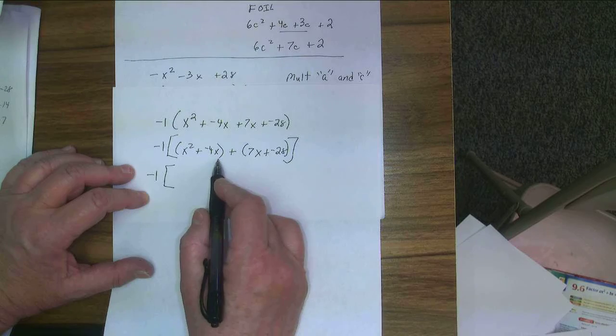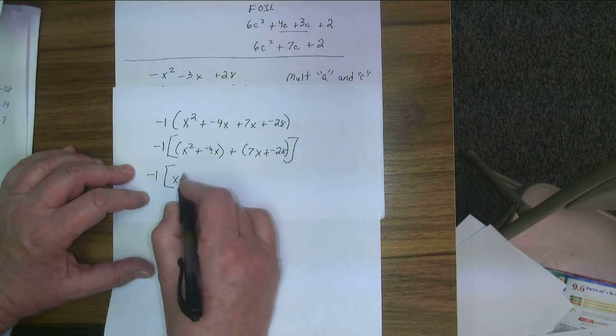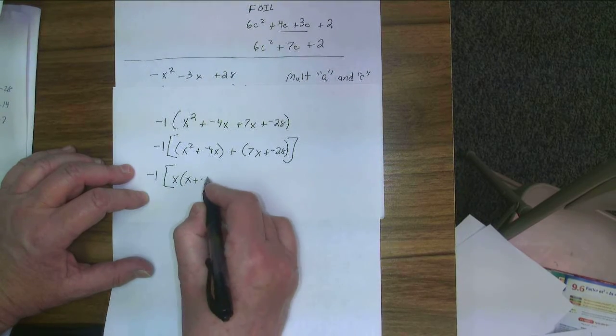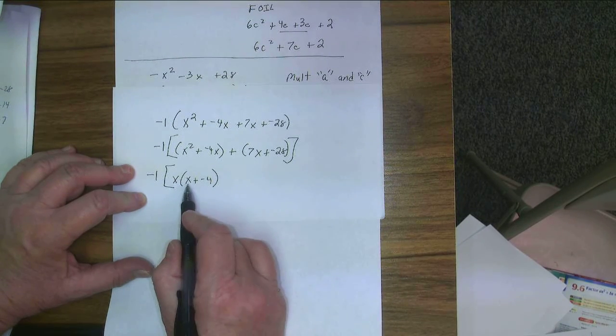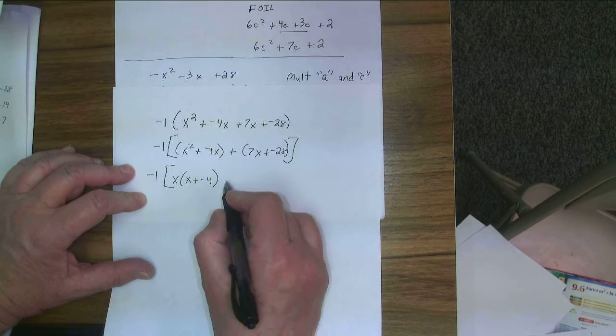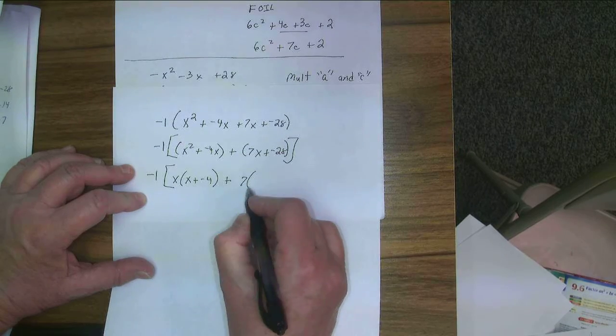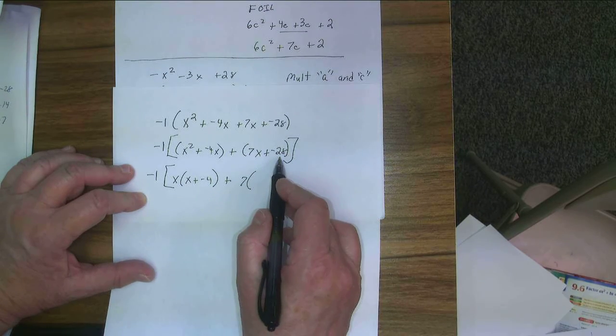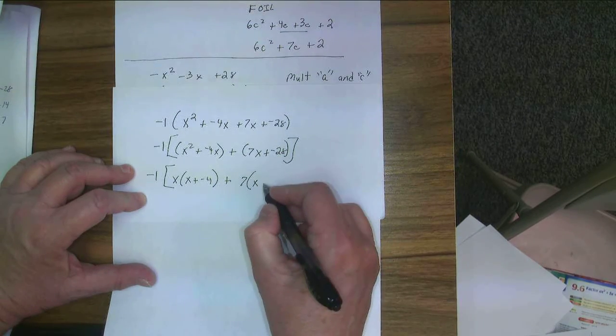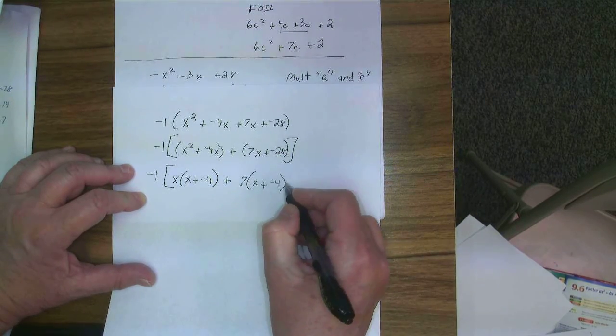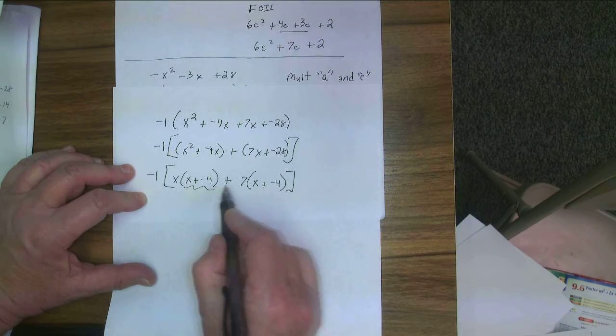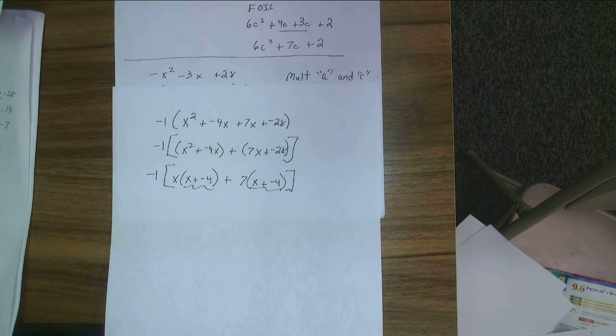The GCF of each of these, this would be x plus negative 4. That gives me x squared plus negative 4x. These have a 7 in common as a factor, x plus negative 4. Now you'll always notice your goal is that when you factor out the GCF, the remaining binomials will be the same.